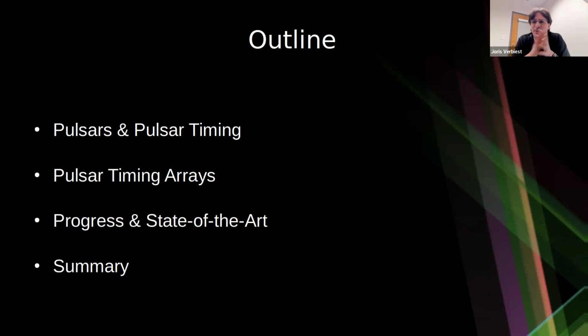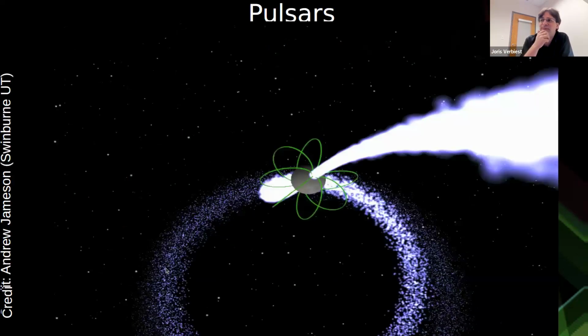And then about half of the talk, or a bit more than half, would be taken up by progress and state of the art, where I'll explain exactly where we stand with all these facets of the project and how that affects our sensitivity, how far or how close we are to a gravitational wave detection, and what you may want to expect or keep your eyes open for in the next 6 to 12 months, most likely. There'll be a very brief summary at the end for takeaway messages. In case you fall asleep, the last slide will save you anyway.